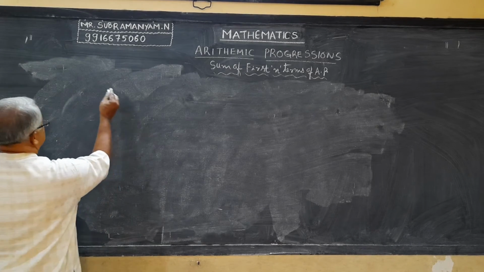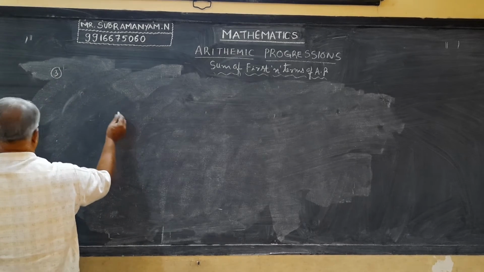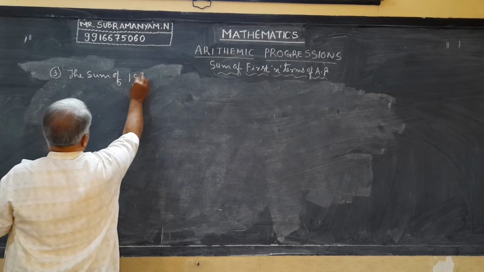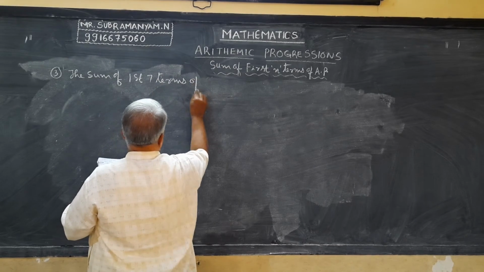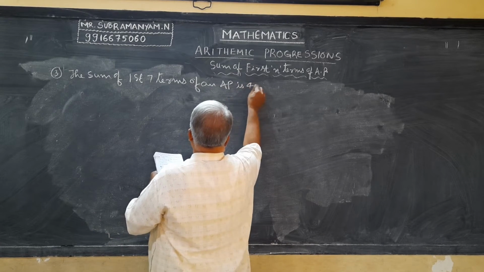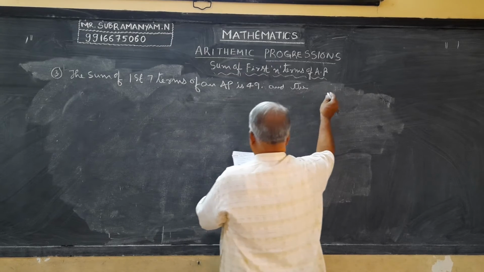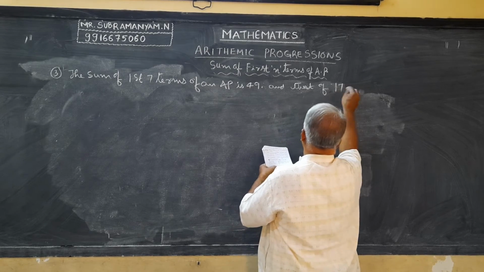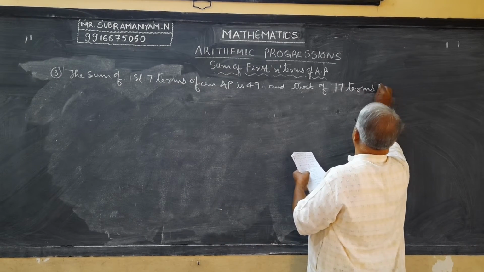Okay, the next question, third question. The sum of first 7 terms of an AP is 49, and that of 17 terms is 289.